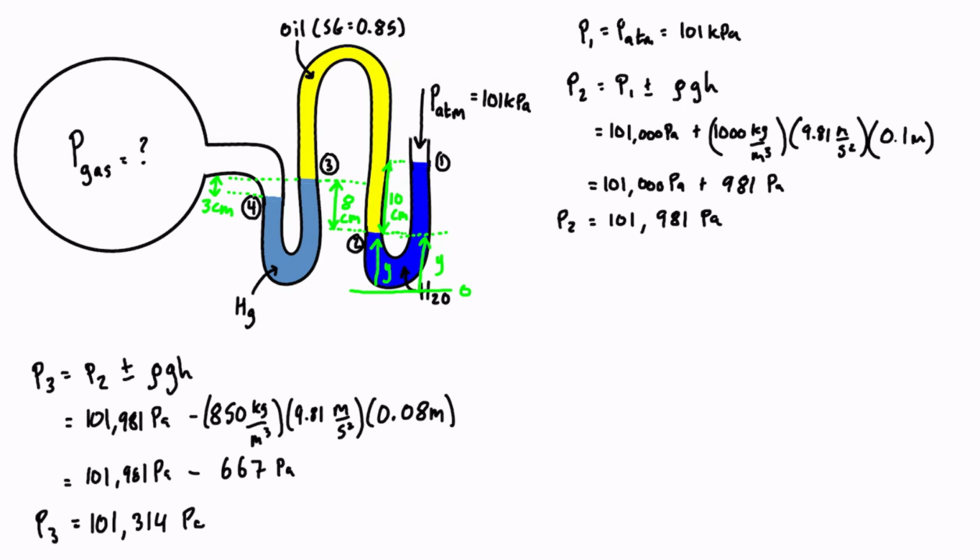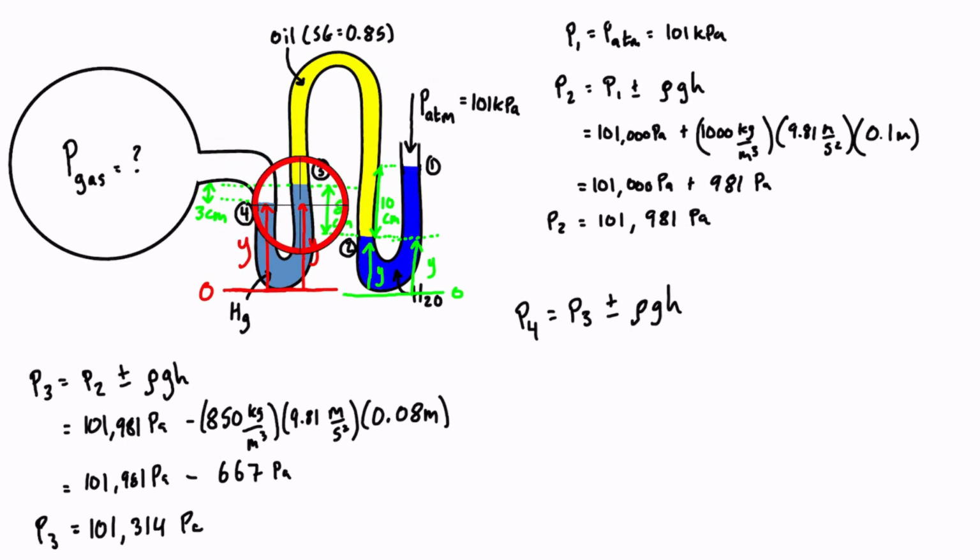Okay, we're going to do the exact same thing to figure out P4 now. P4 is equal to P3 plus or minus rho g h. If you're not sure whether you should add or subtract, I recommend drawing on a reference datum. I'll call it here, this is going to be our 0. As we go up, let's pick a point here at P4 and call that y. If we draw the same height over here of y, that means the pressure at this point is the same as the pressure at this point, because they're both a height of y above our reference point of 0.